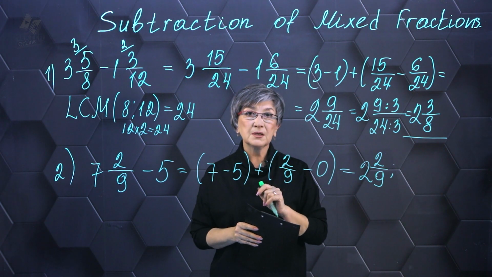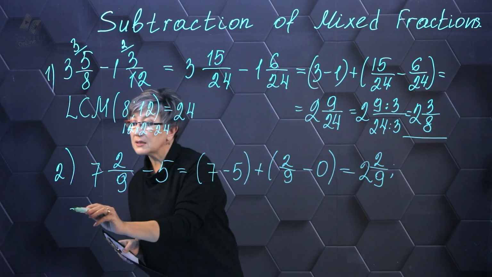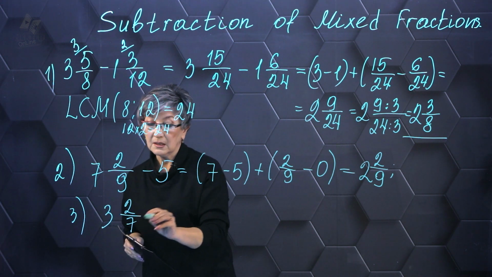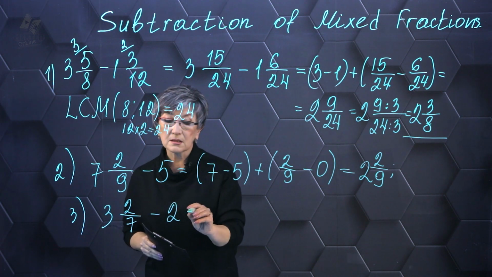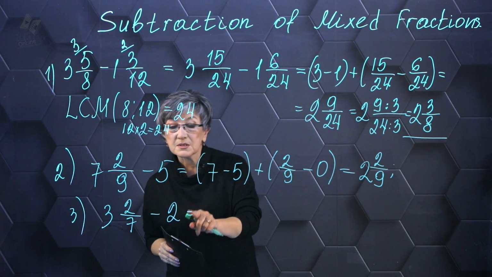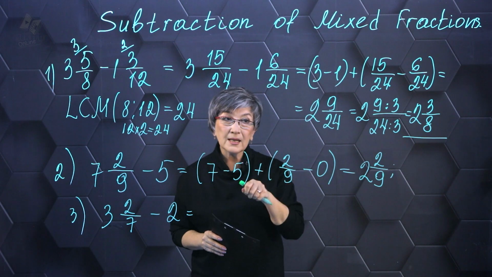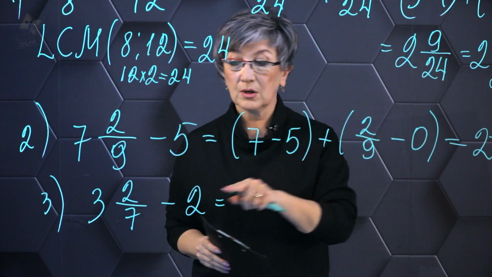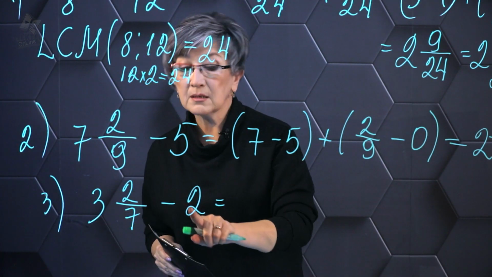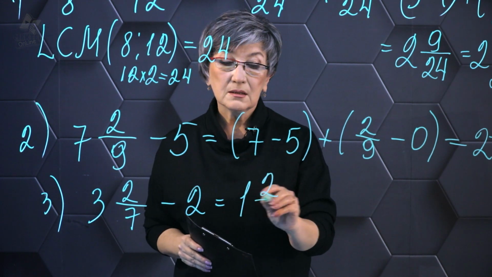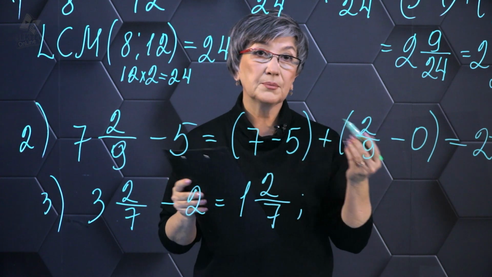Another example, 3 2/7 minus 2. We don't see a fractional part here, it's just a natural number, a whole number. So I subtract 2 from 3, it's 1 whole number. And 2/7 I'm just leaving.